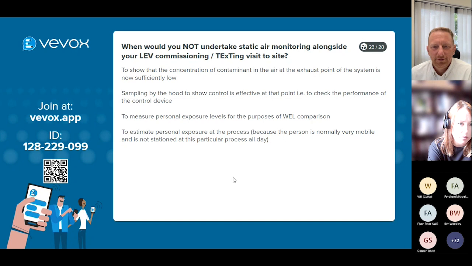So I think if I have to pick one of the four, there's an obvious one.